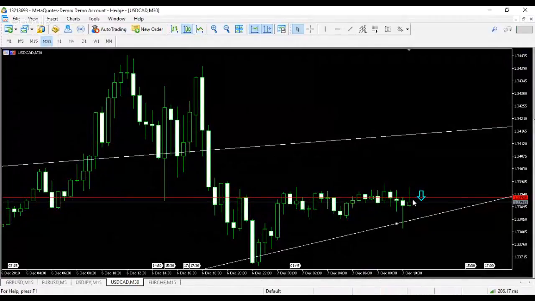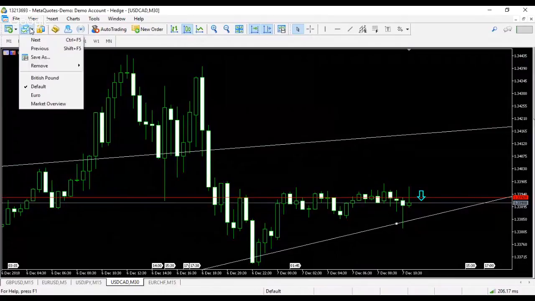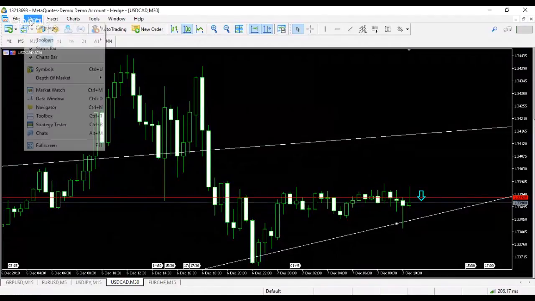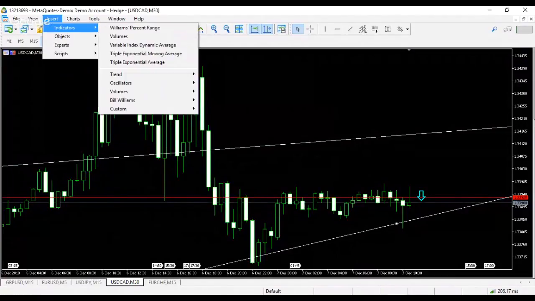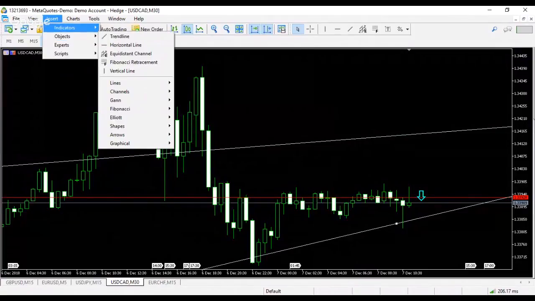You see this candlestick right here, it's building. That's very good. That is very, very good. Let's see what else we can do. Indicators.